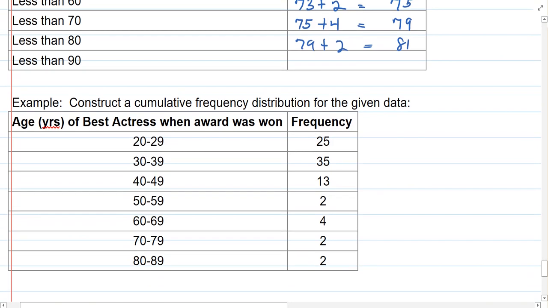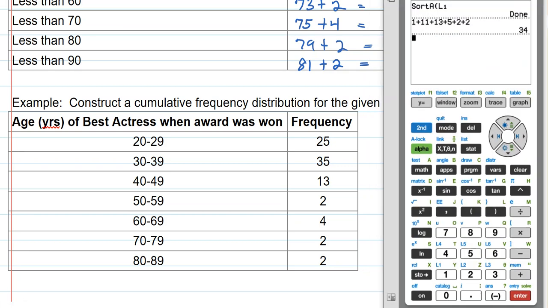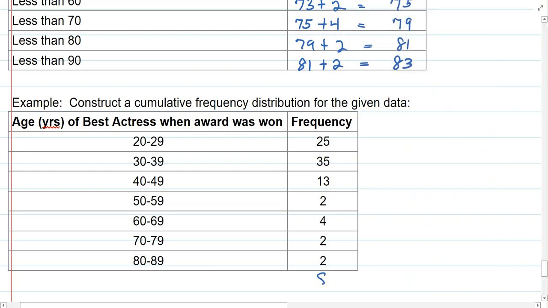And the 80 category to the 90 is plus 2, which gives us 83 total. So we're going to add these frequencies to make sure that I have the correct value. And I have 83, so this is good.